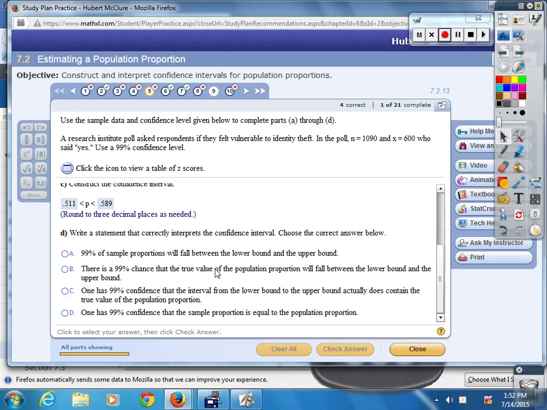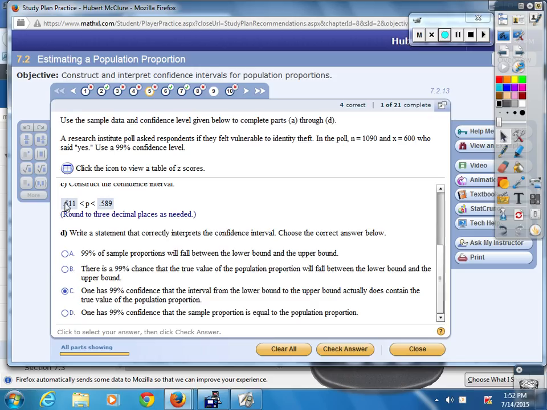Looking, I would say B. I doubt it would be correct, but then that means it's C. Oh, it says 99% of sample proportions will fall between lower bound and upper bound.